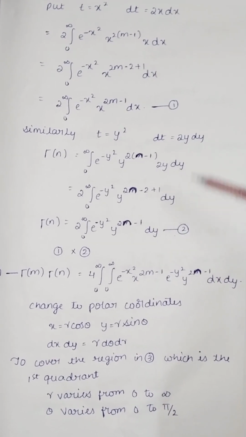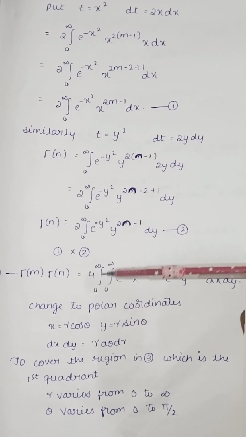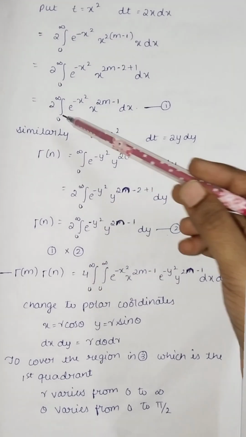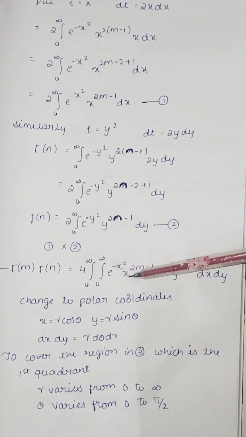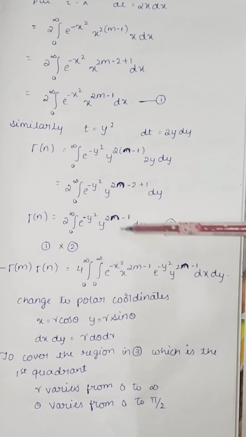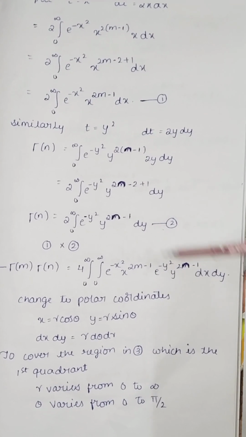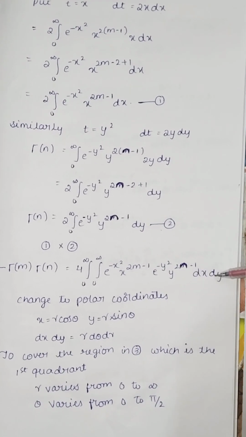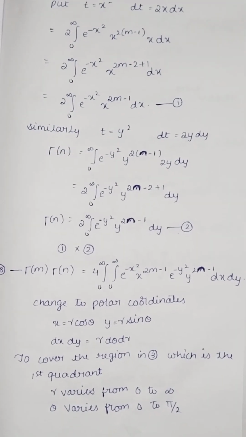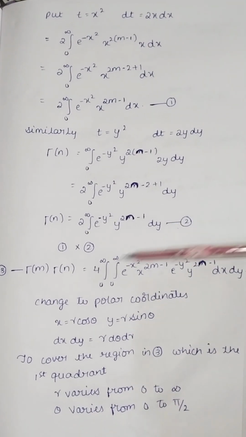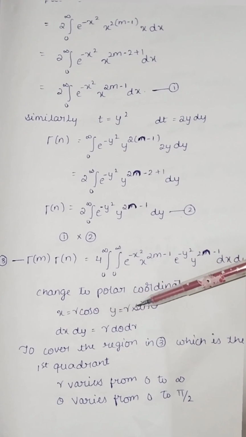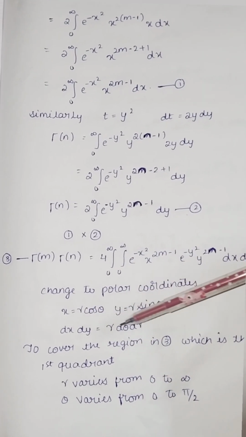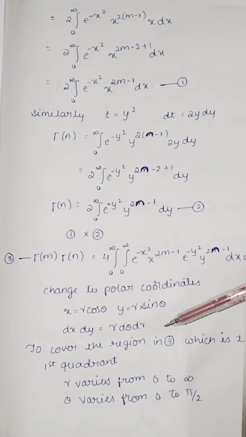Multiply both the equations 1 and 2. Then we get 2 into 2, 4, and this integral 0 to infinity, e to the power minus x square x to the power 2m minus 1 into e to the power minus y square into y to the power 2n minus 1 dx into dy. And change this equation into polar coordinates. Let x is equal to r cos theta and y is equal to r sin theta, then dx dy is equal to r dr d theta, as we all know.